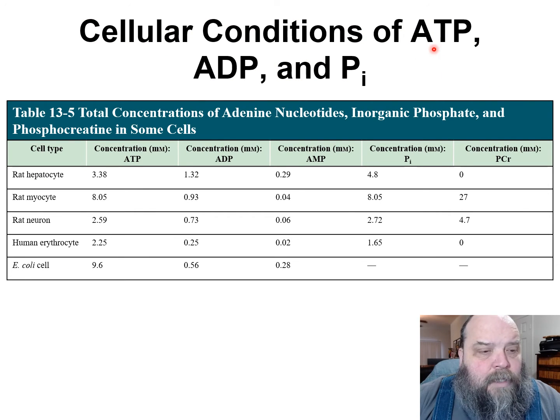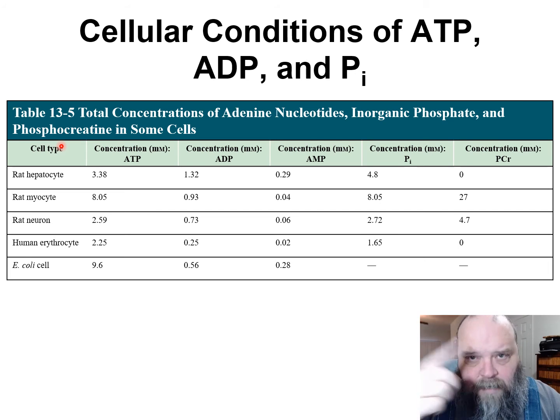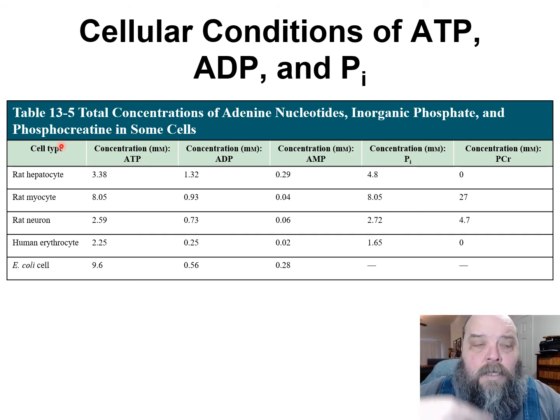And when we look at ATP, ADP, and inorganic phosphate concentrations, or even phosphocreatine, which is used by some cells as a quick means of taking a diphosphate and turning it back into a triphosphate, a lot of times you're going to see this in vertebrate muscle cells that don't have the time to wait for oxidative phosphorylation in the mitochondria to renew ATP.